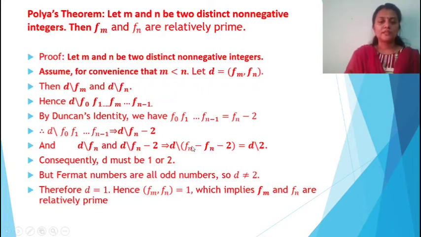So it cancels, so D divides 2. Consequently, D divides 2 means D must be either 1 or 2. But we know that all Fermat numbers are odd numbers, so D cannot be equal to 2. Therefore, D should be equal to 1. Hence, this GCD of F_m and F_n is equal to 1, which implies that F_m and F_n are relatively prime.